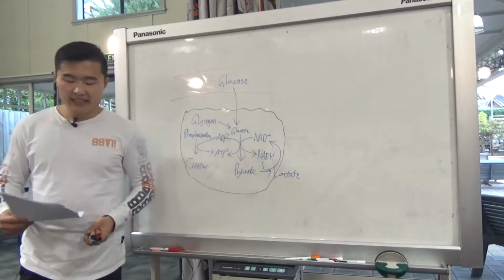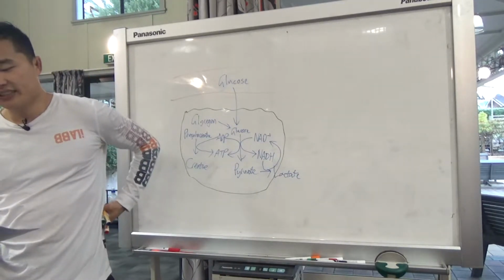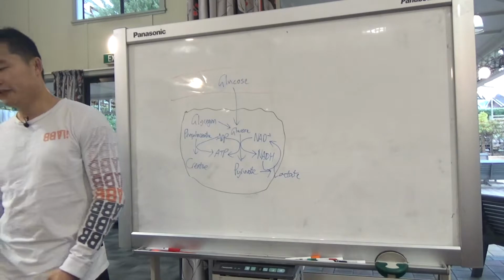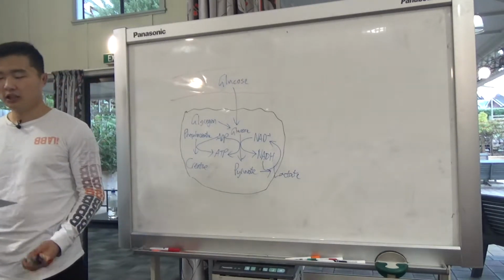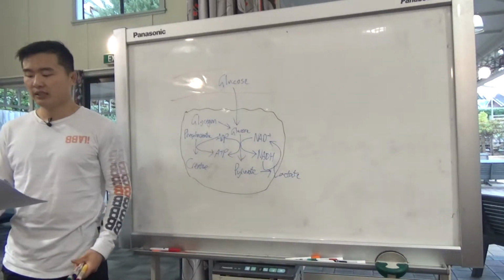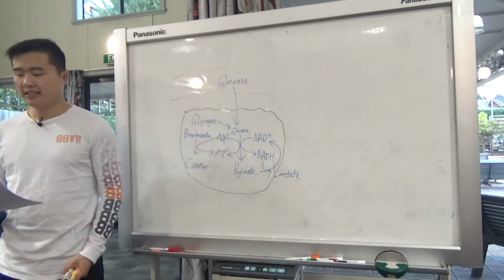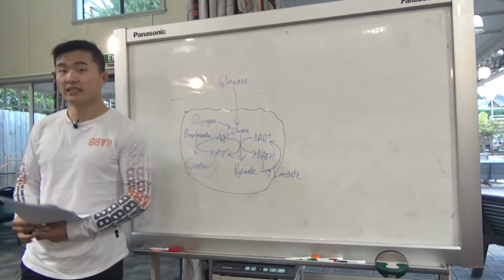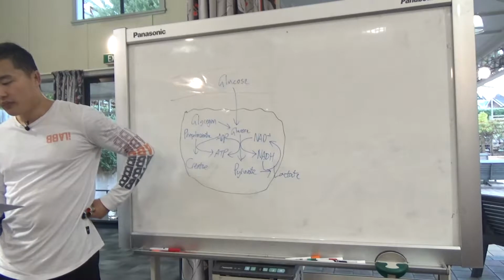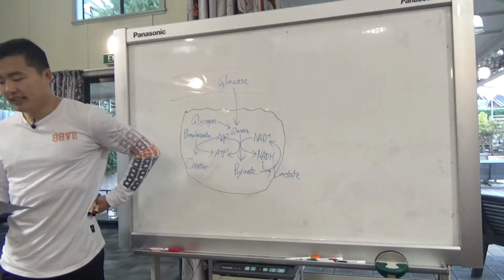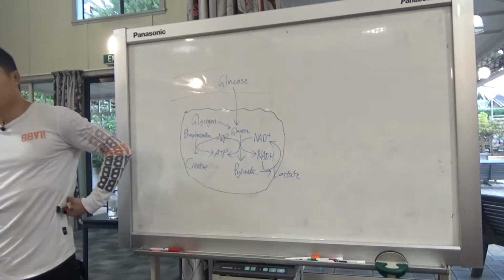So now we'll talk about aerobic exercise. So this is low intensity for long periods of time. So most of the energy is generated from aerobic respiration, and this is the production of ATP using oxygen.